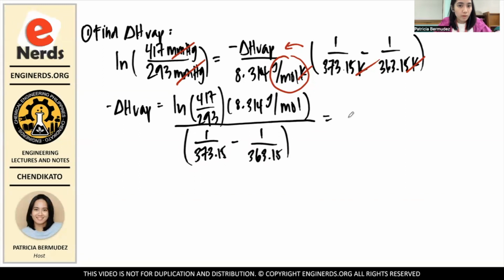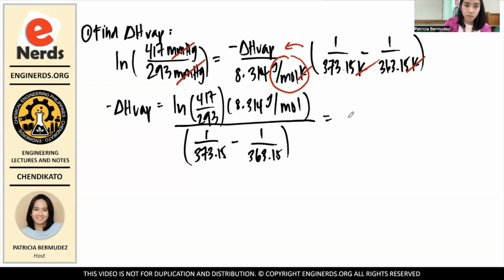So, calculating, we have ln 417 over 293 times 8.314 and divided by 1 over 373.15 minus 1 over 363.15.